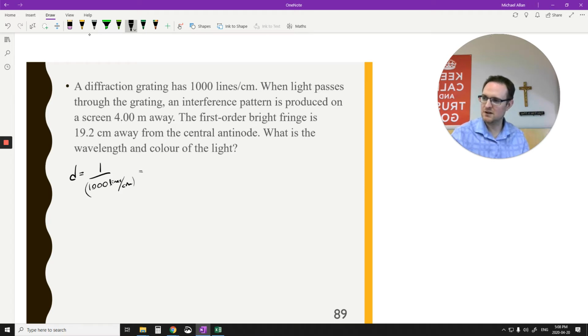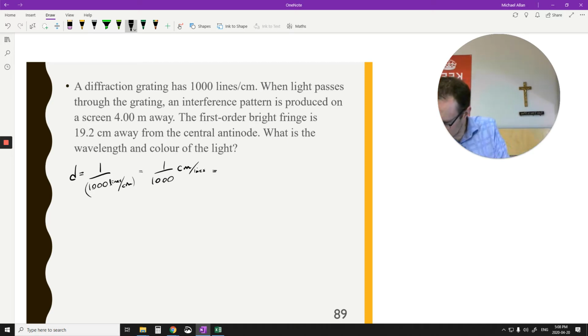You take the reciprocal, it's 1 over 1,000, and it flips over and becomes centimeters per line. So rather than lines per centimeter, now it's centimeters per line. So this is 0.001 centimeters. Whatever units you start off with is whatever units you get here. And then everything else is the same.